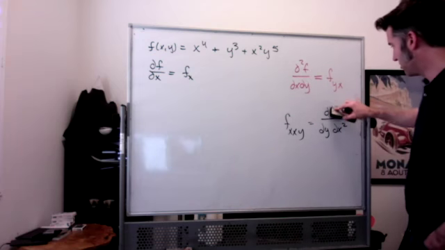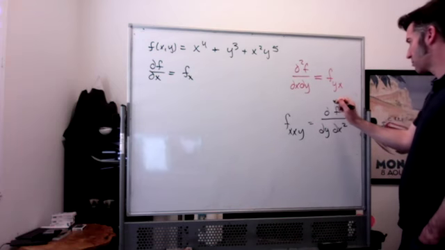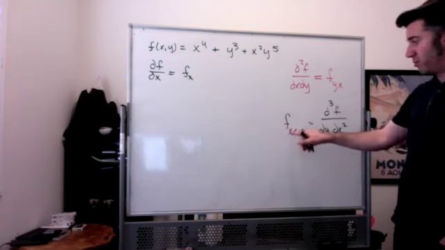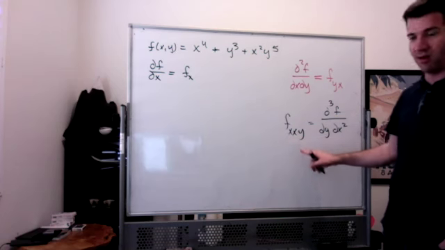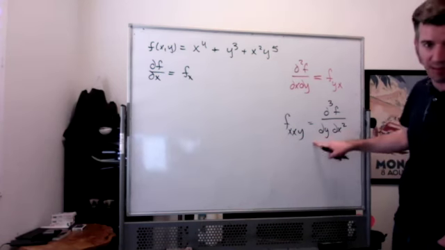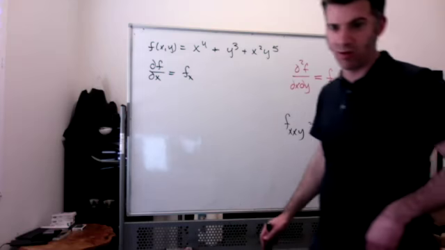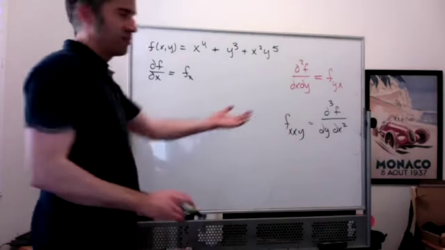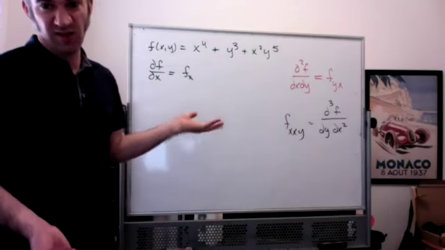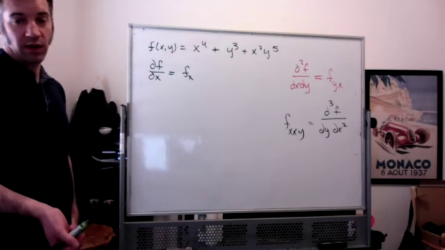Kind of silly. Right, so this says you partial with respect to x, then x again, and then y. This says x, then x again, then y. So yeah, order is unfortunately opposite if you write it in the other notation. Let's go ahead and look at this example.